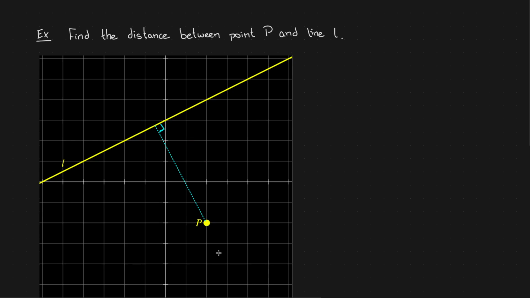Okay? So to start with, what we want to do is find a rough guess. So I'm going to pick some point that I know is on the line. This point here, what is that? That's the point -4, 1. I know that's on the line.